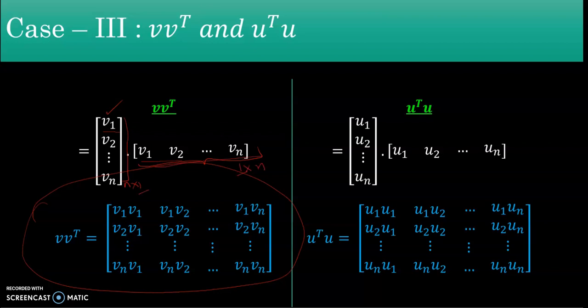The column and row match, so we have an n cross n matrix. Similar follows for this also. For u transpose u, it has n cross 1 and here is 1 cross n. Upon multiplication we get an n cross n matrix. These are the diagonal elements of this matrix: u1 squared, u2 squared, up to un squared.